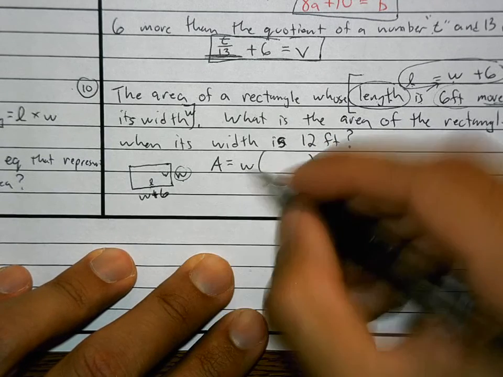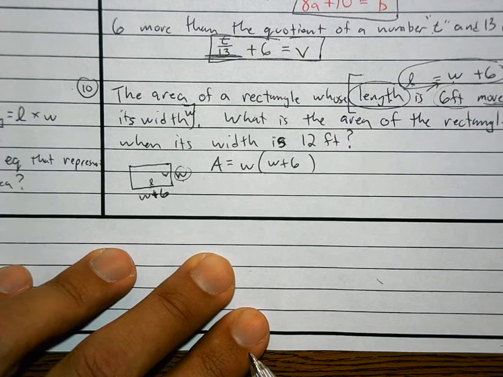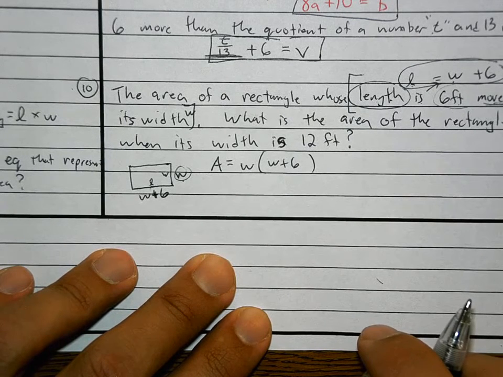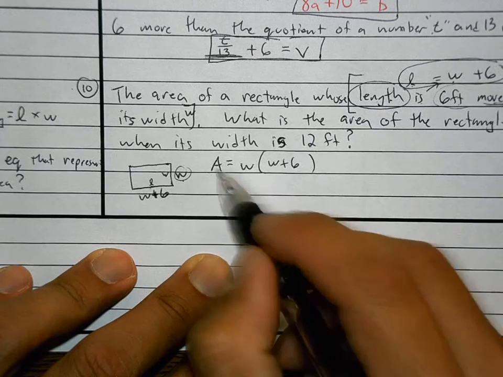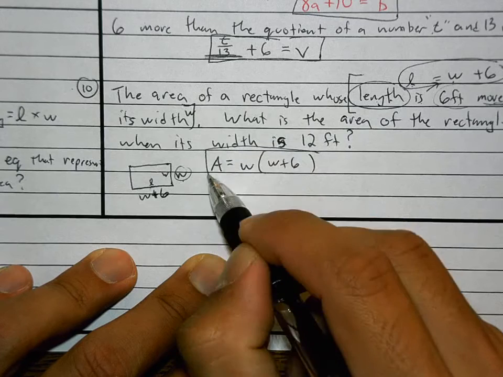Length times width. W plus 6. You could multiply it out, but there's no need to. All we have to do, write an equation that represents the area. The area is going to be the width times W plus 6. This is the answer to part 1.